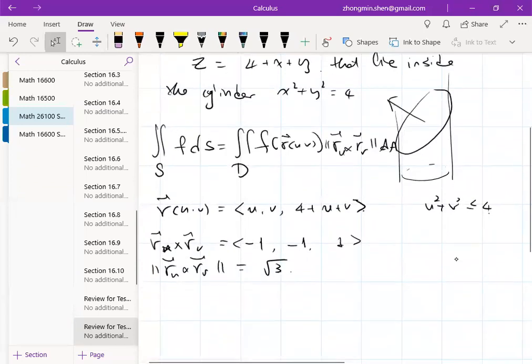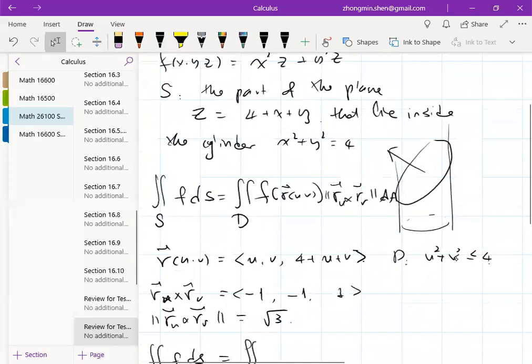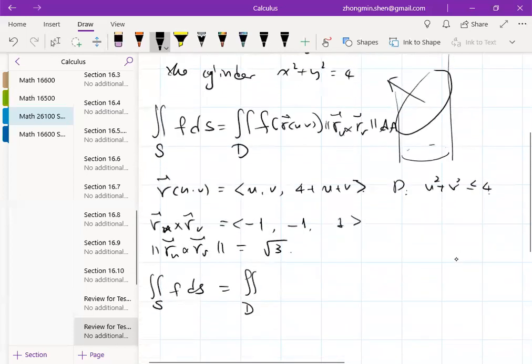Okay, so this integral now becomes this surface integral of the function becomes a double integral. This is a double integral, this dA, right? And what is f? f is x squared plus y squared z. x squared plus y squared is just u squared plus v squared. z is going to be 4 plus u plus v.